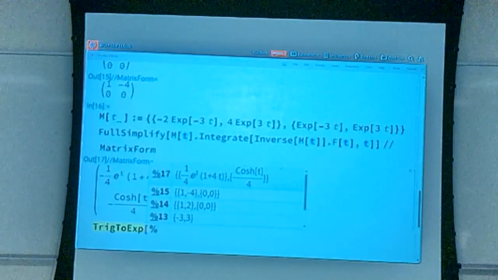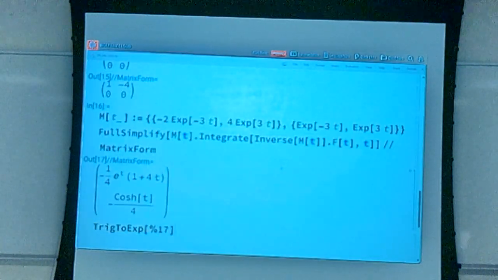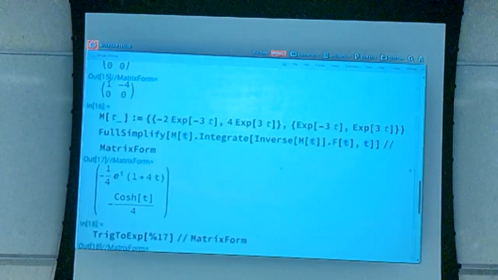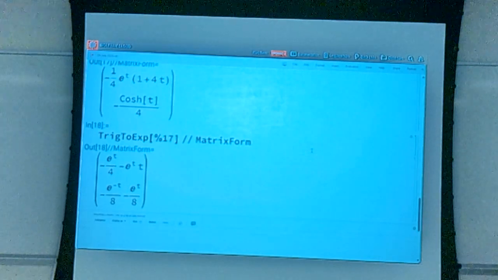cool, it actually now lets me recall other things. That is a new feature as well. Output 17, trig to exponential. We have to re-put it into matrix form. Maybe it's because I did simplify, not full simplify in here.